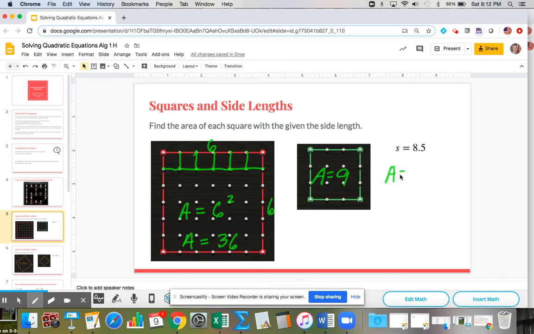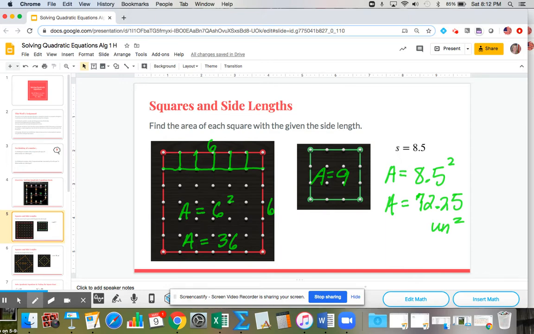So therefore, the area of this square would be 8.5 units squared. And so that would be 72.25 square units, which is 8.5 quantity squared.